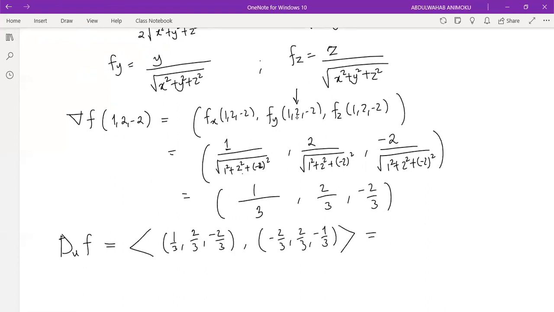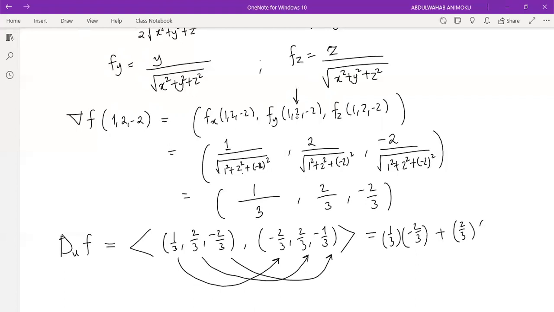And we all know how to find the dot product of these two vectors. It's the first component multiplied by the first component plus the second component multiplied by the second component plus the third component multiplied by the third component. So we have 1 over 3 times minus 2 over 3, plus 2 over 3 times 2 over 3, and finally, minus 2 over 3 times minus 1 over 3.